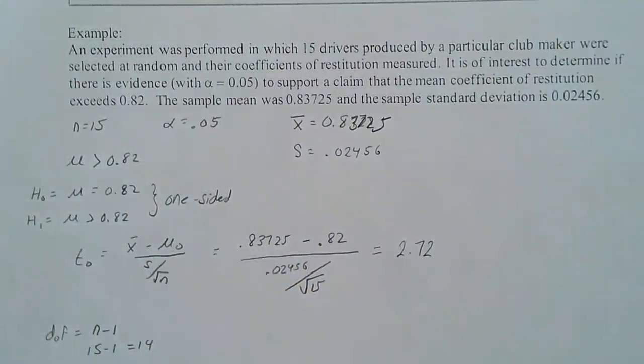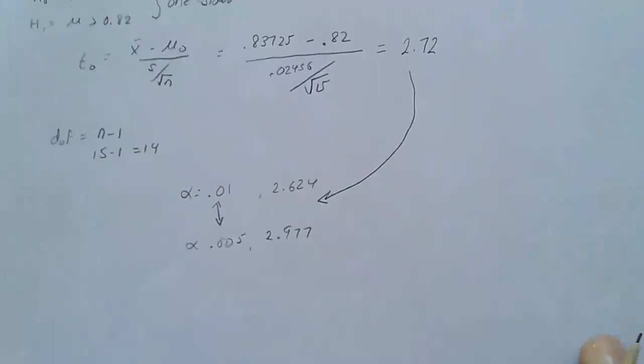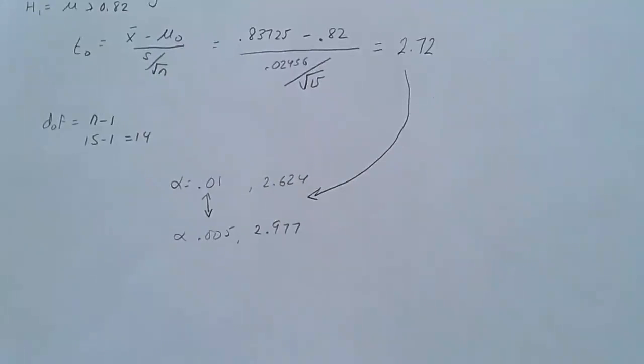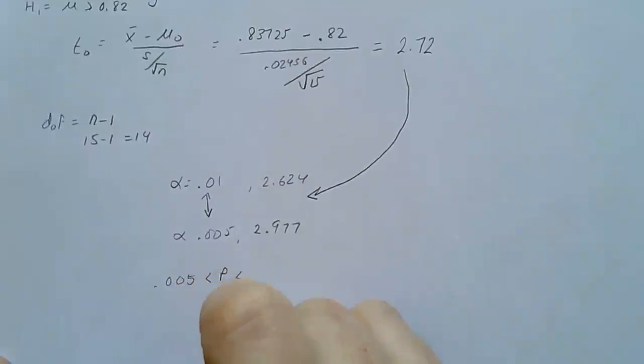The next one is an alpha of 0.005, with a t-test statistic of 2.977. So our calculated test statistic falls somewhere between 0.01 and 0.005, which means our p-value is between those.